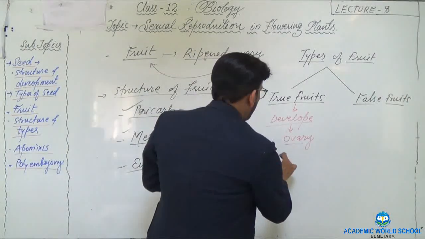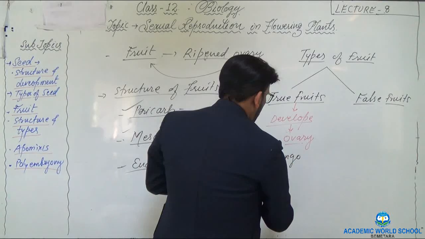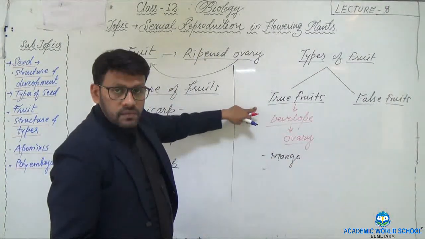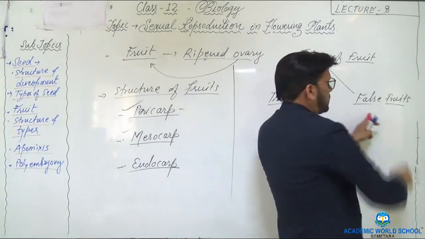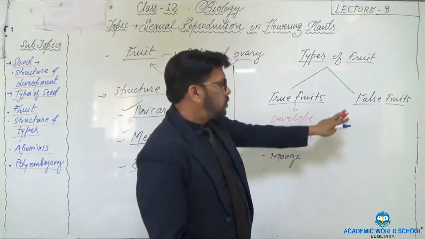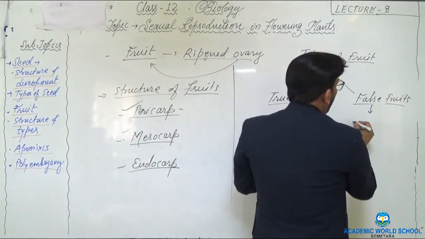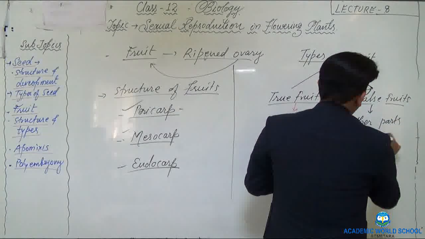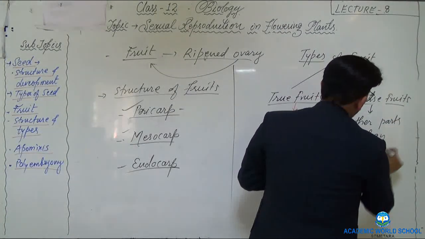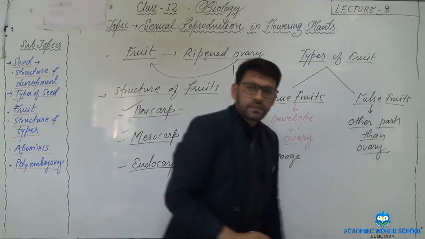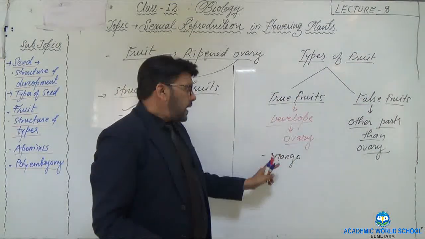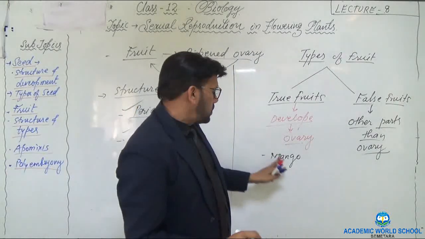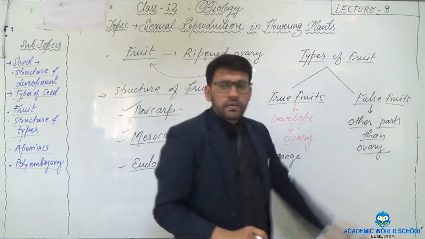For example, mango, tomato, guava, all these are examples of true fruits. Then false fruits. False fruits are those fruits which develop from parts other than the ovary. What does it mean? It means that when fruits develop from different parts except the ovary, we call them false fruit.